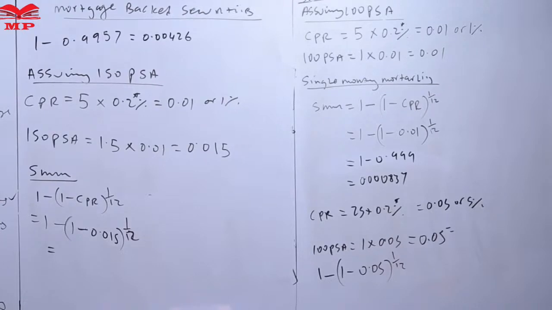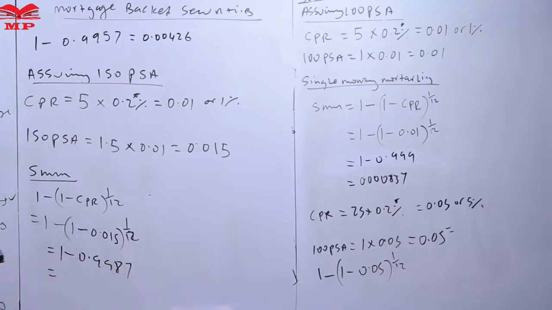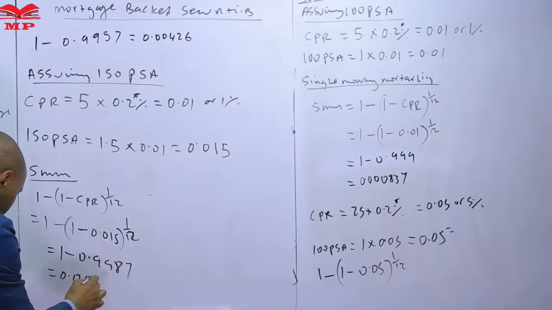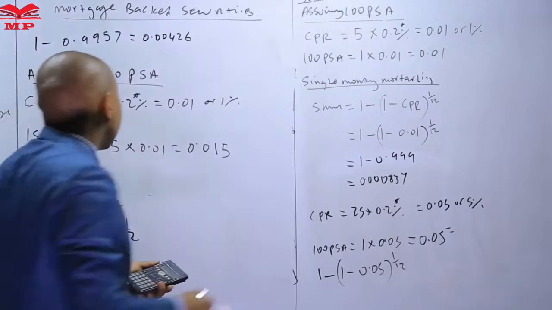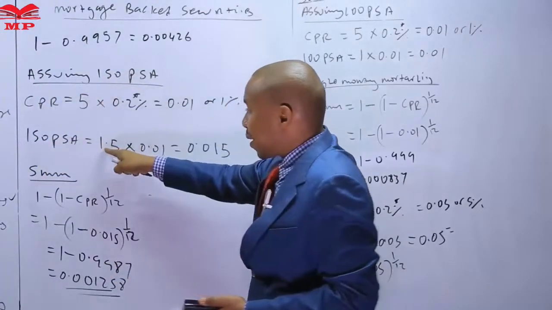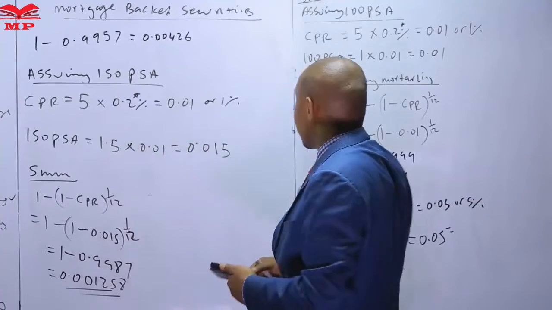Then we get the 12th root of the answer. You get 0.9987. So 1 minus 0.9987 is how much? 1 minus answer gives 0.001258. That's the single monthly mortality, assuming 150 PSA. This is the part that you change right here. So 150 PSA is just 1.5 times the CPR component.